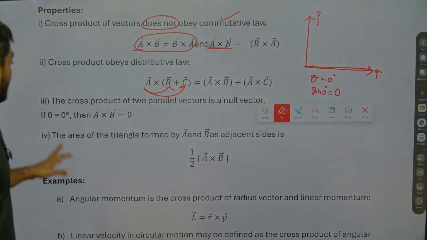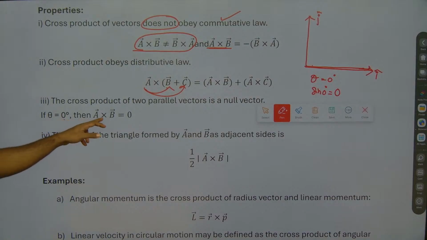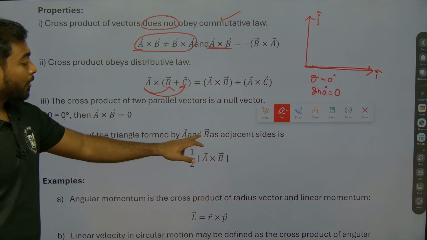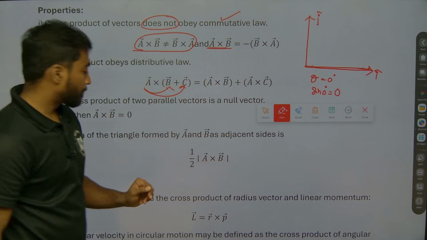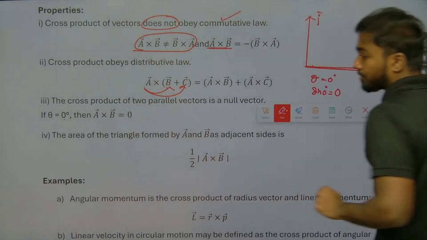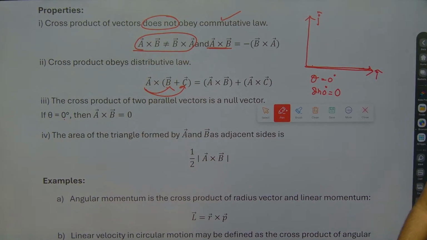So if theta is equal to 0, then A cross B will be equal to 0. The area of the triangle formed by A and B as adjacent sides is half times A cross B. Okay, so these are the properties, right? Now you can take a note of this and we can go for the example.